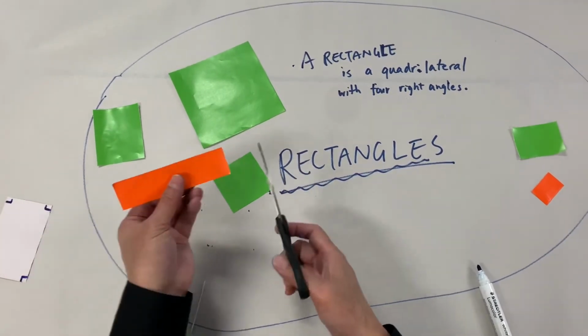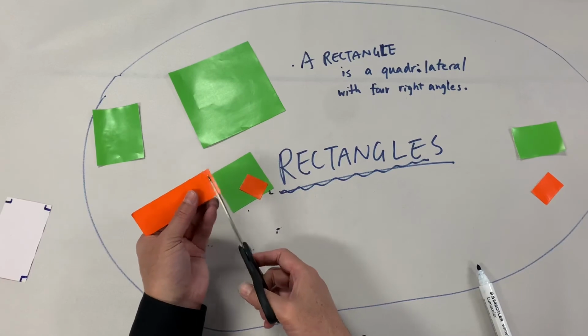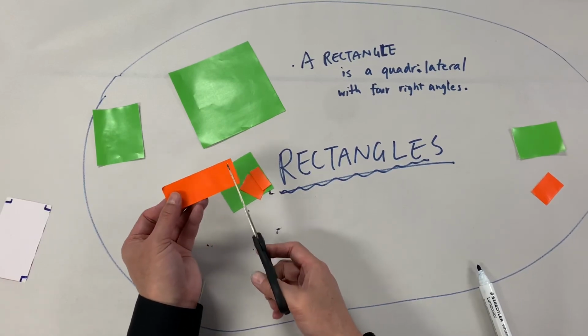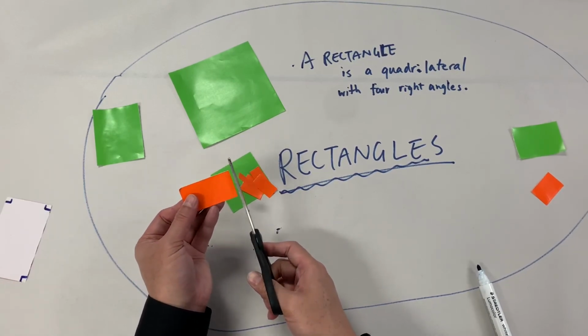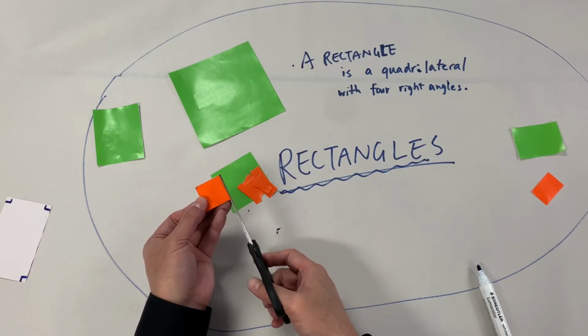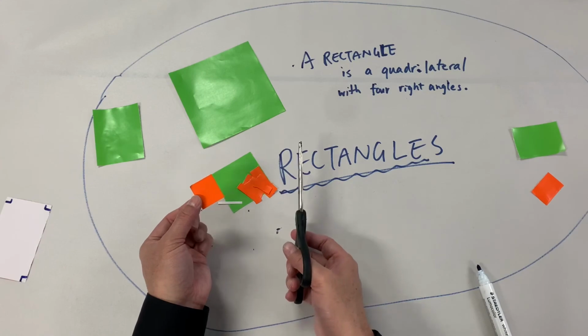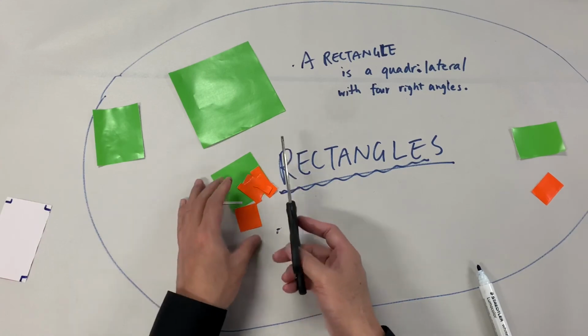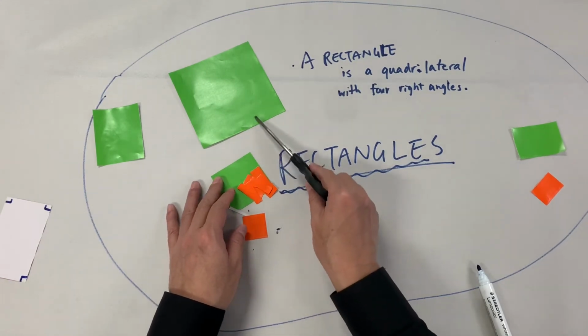Can you see that if you make this rectangle shorter and shorter, sometimes, somewhere, someday, it becomes a square. So square is a special type of rectangle.